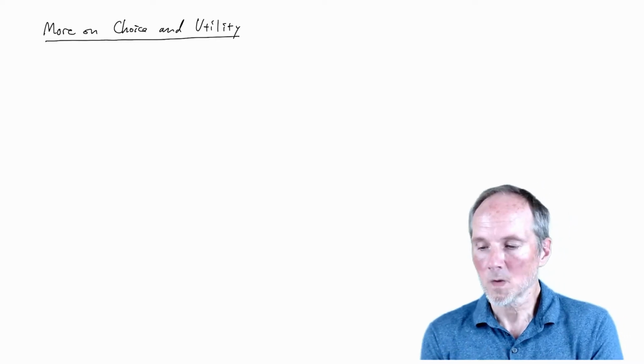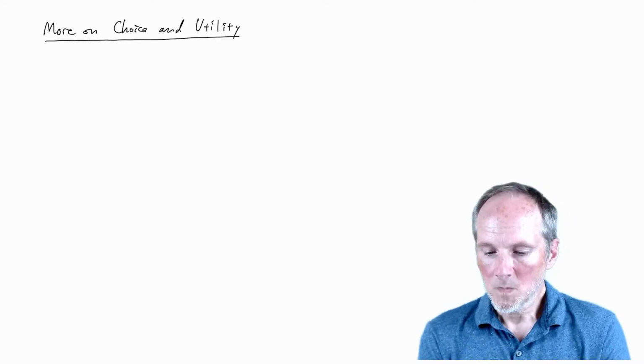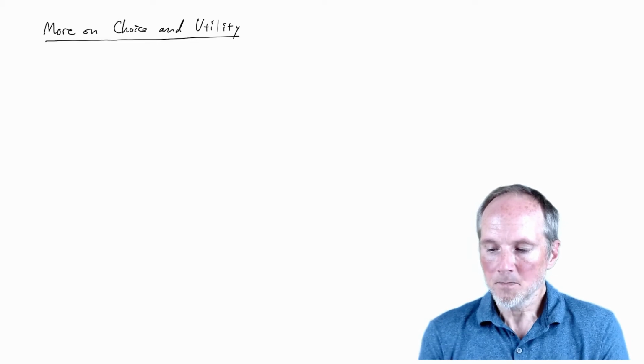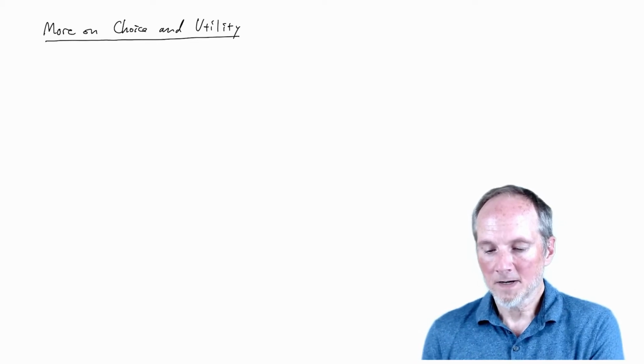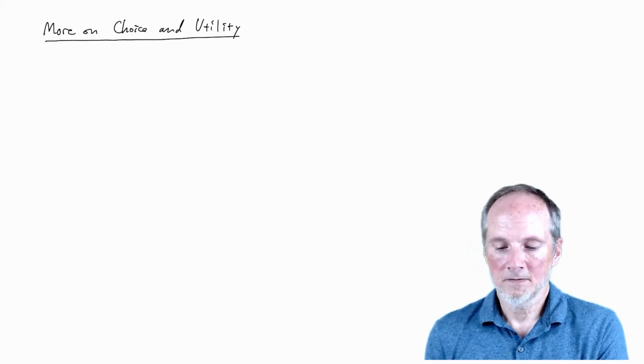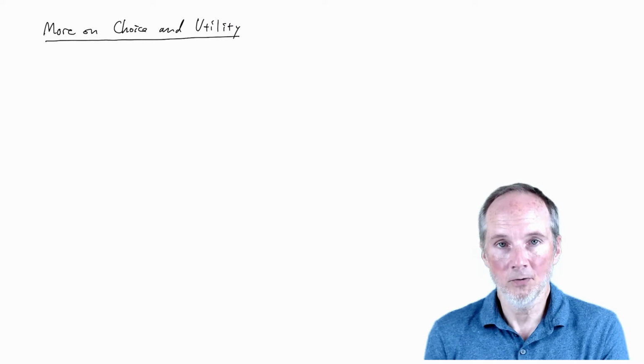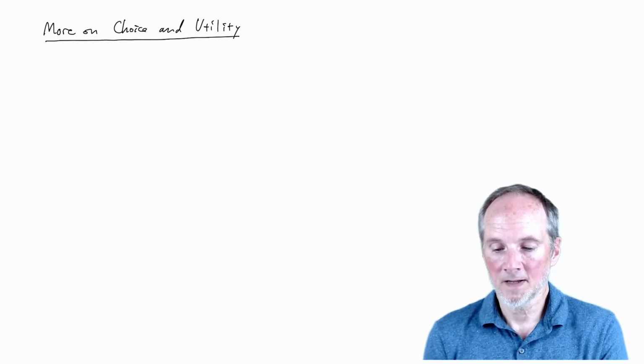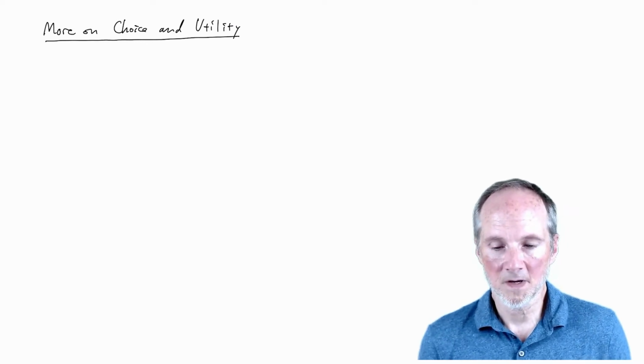That's an important idea. The topic I want to cover in this installment is the idea of a utility function, which is really not adding something substantially new. It's just another way of thinking about preferences.